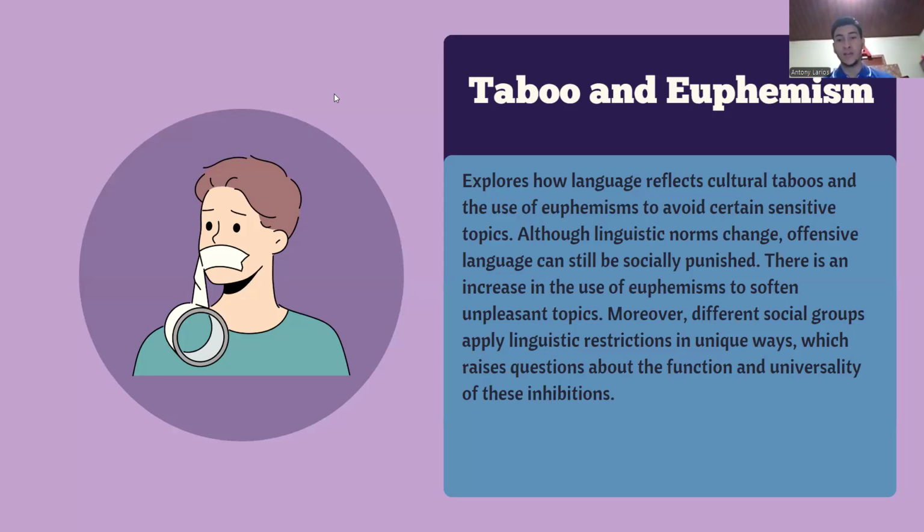There is an increase in the use of euphemisms to soften unpleasant topics. More different social groups apply linguistic restrictions in unique ways, which raises research questions about the function and universality of these prohibitions.